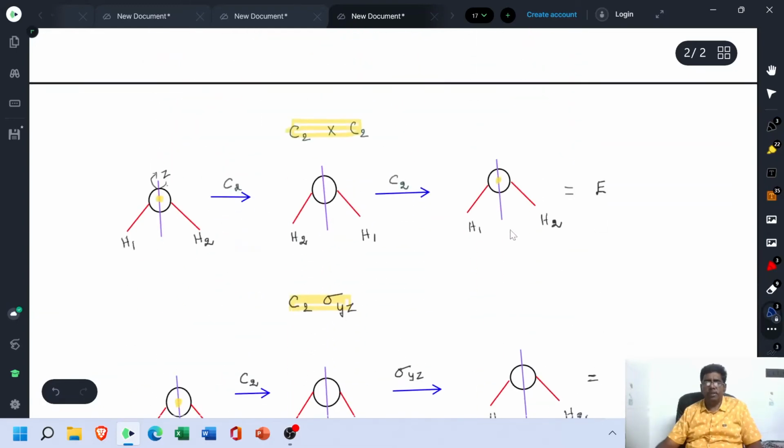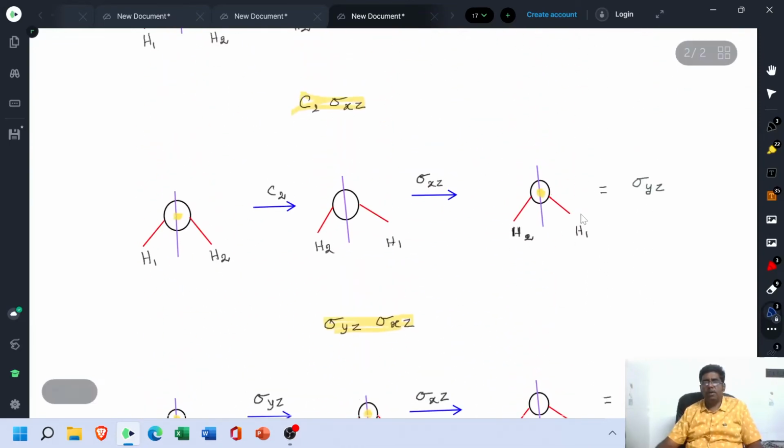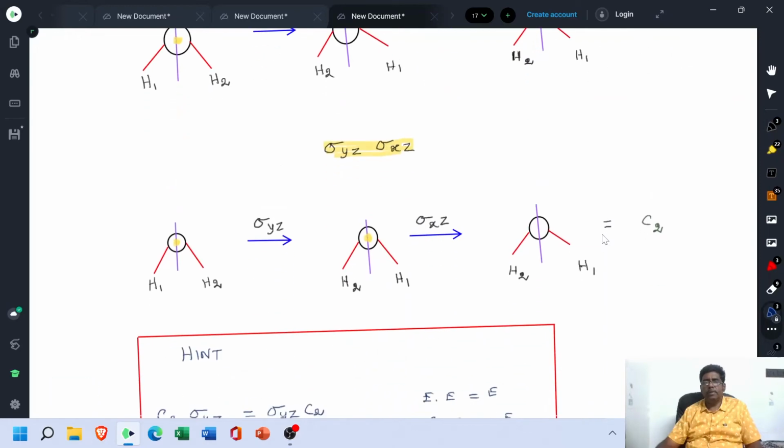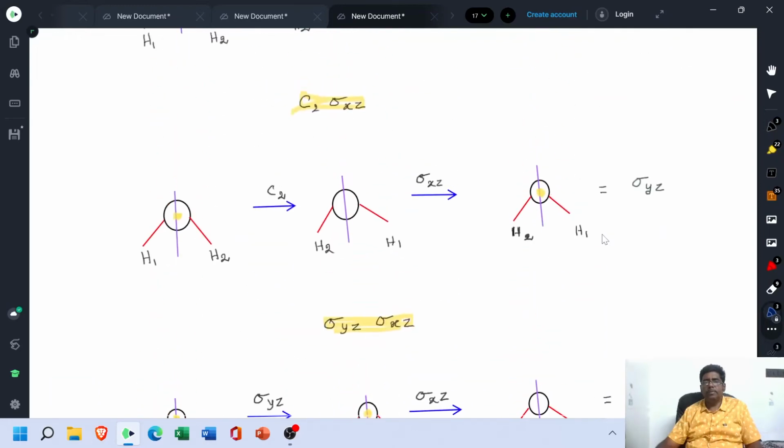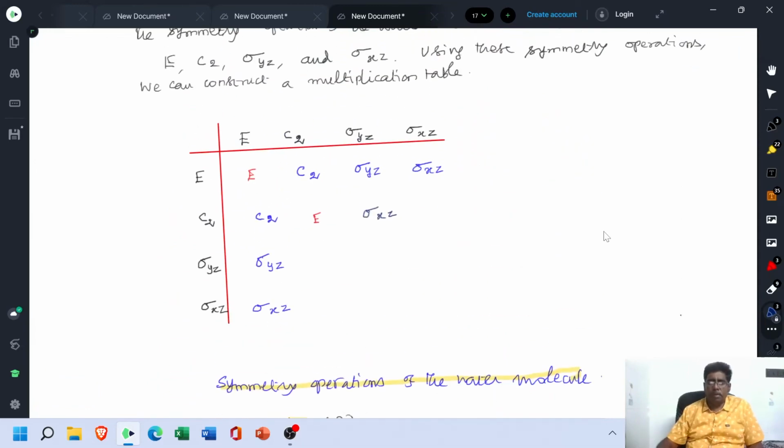So this is our sigma YZ. C2 into sigma XZ is our sigma YZ. So here we have to put sigma YZ.